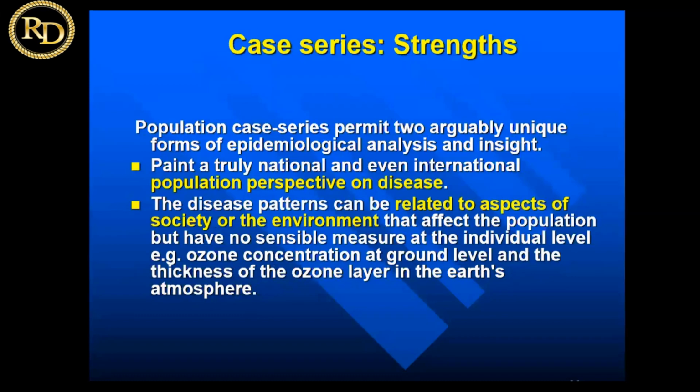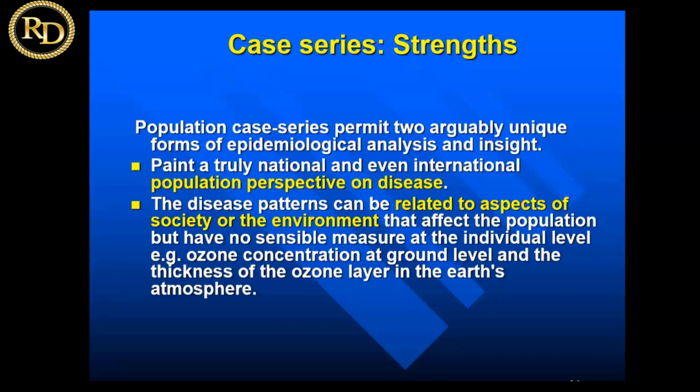When we undertake a case series design, we are able to give a nutshell of the kind of insights where we are painting a truly national picture. It's a kind of wake up call for our national administrators or for the local epidemiologists also.